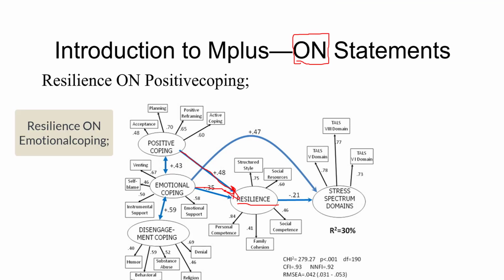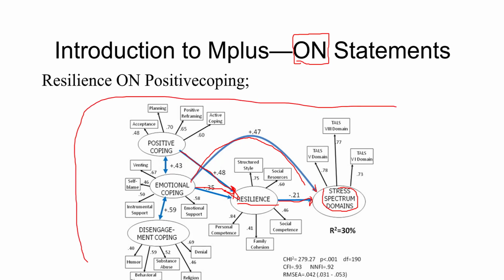Stress spectrum domains is regressed on resilience, and it's regressed on emotional coping. So those get the rest of our arrows into this model. So with 10 sentences, I've drawn out this really complicated model. So I find the syntax with M+ not to be too difficult. So we'll go over that again in our workshop in much more detail.